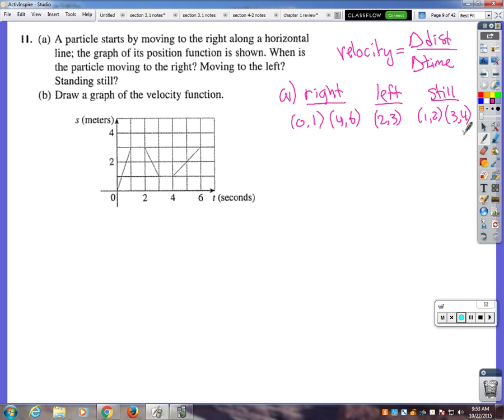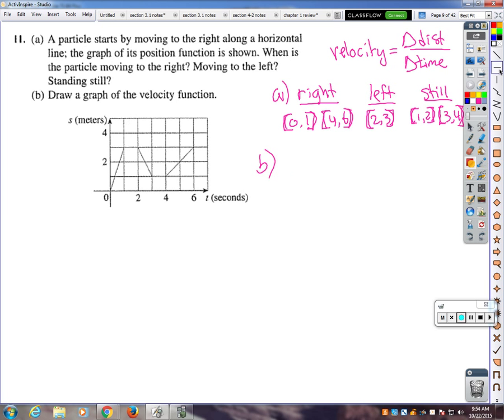Alright, B, draw the graph of the velocity function. Okay, so now let's draw the graph of the velocity.